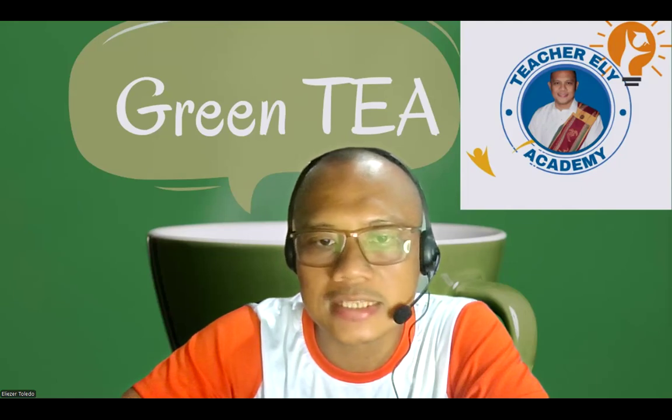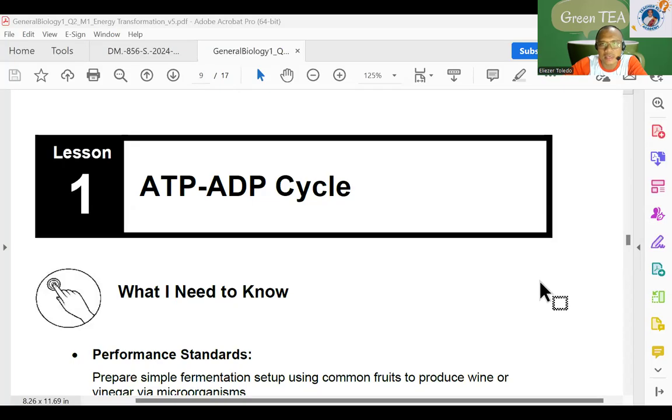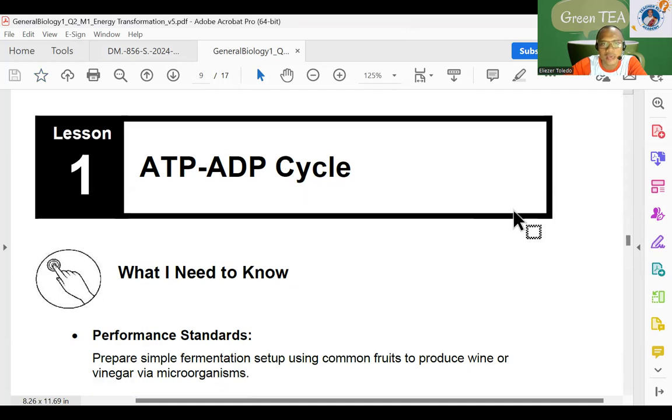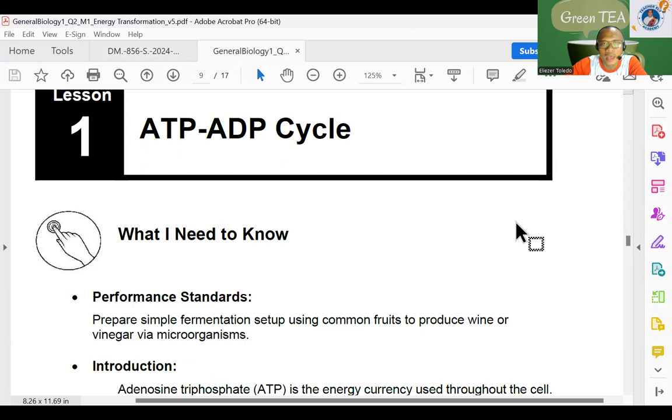So what is the ATP-ADP cycle? Okay, just move this. Okay, so I hope you could see it. ATP-ADP cycle. And there is actually a suggested activity in here.